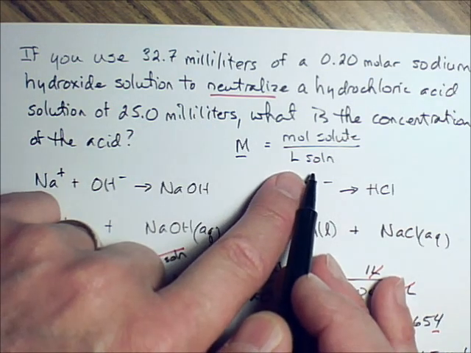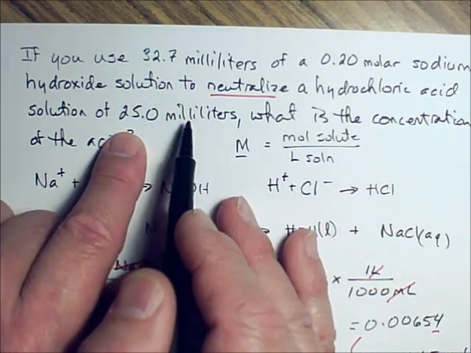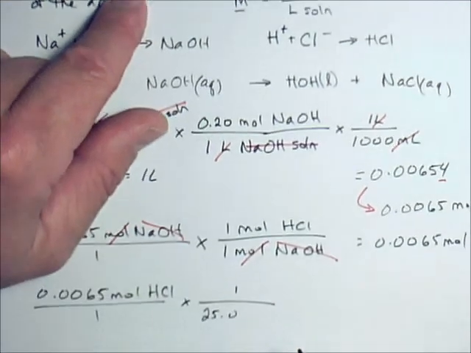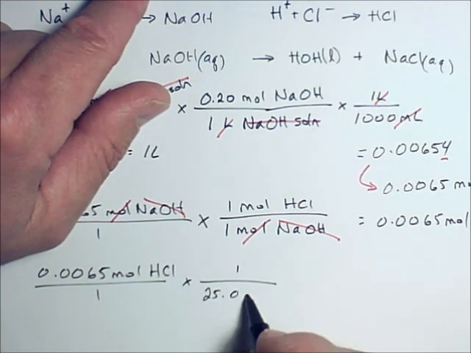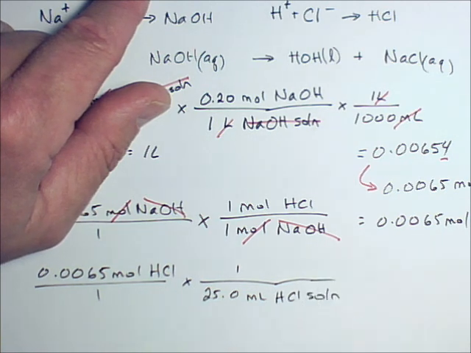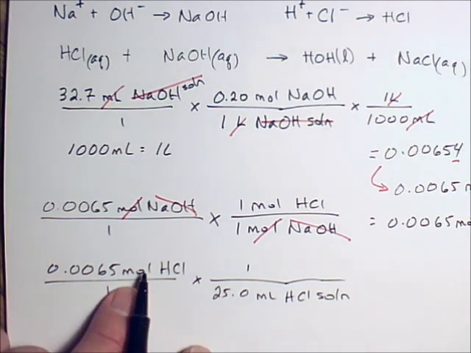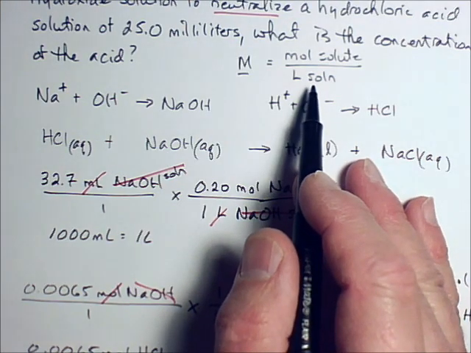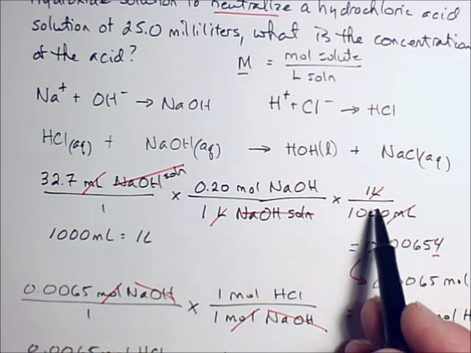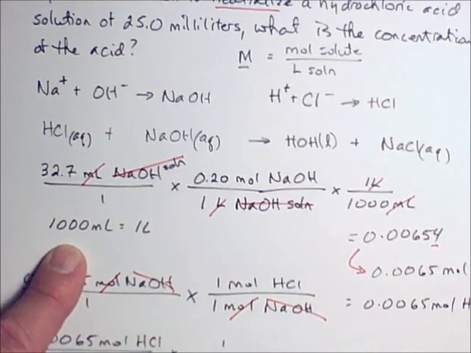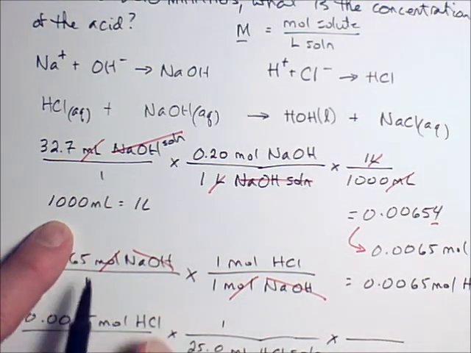Well, I don't have liters of solution, but I do have milliliters of solution. Let's put 1 over 25.0 milliliters of this HCl solution. Okay? That's going to allow me to have moles over milliliters. But I need moles over liters, don't I? Well, we already know how to convert from liters to milliliters. Here's the equality statement, but we just have to reverse it here.